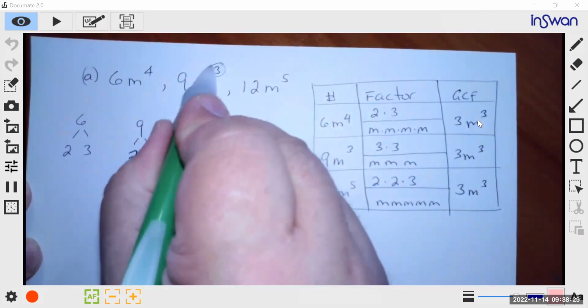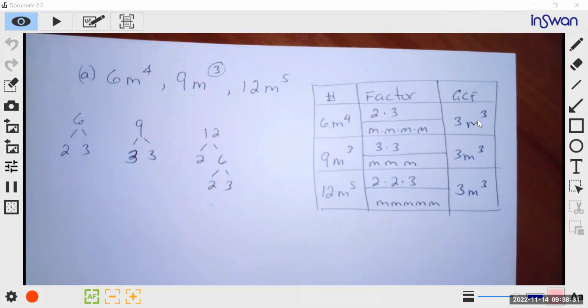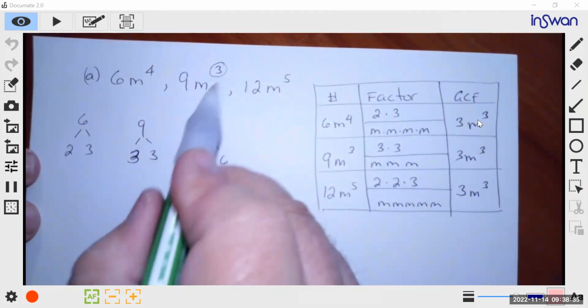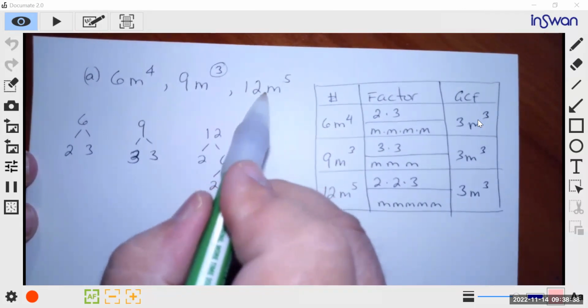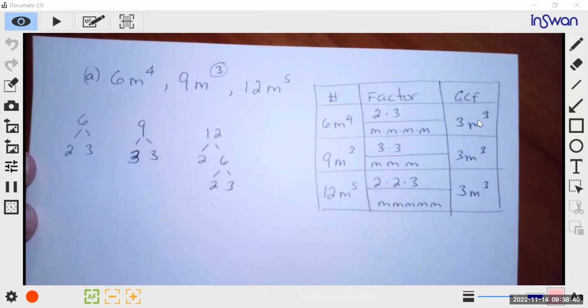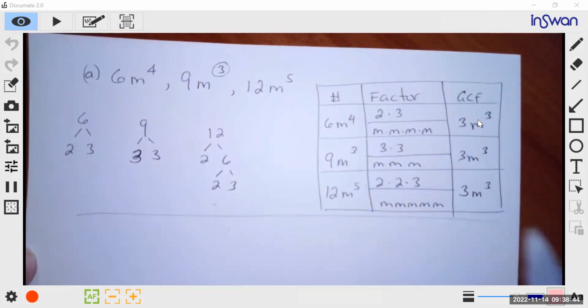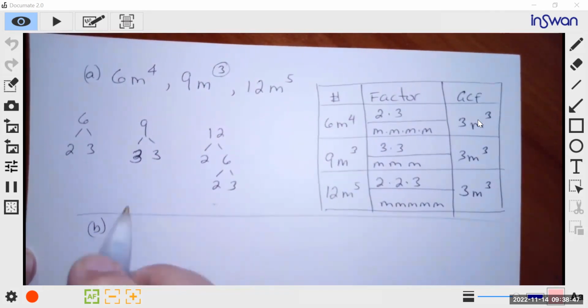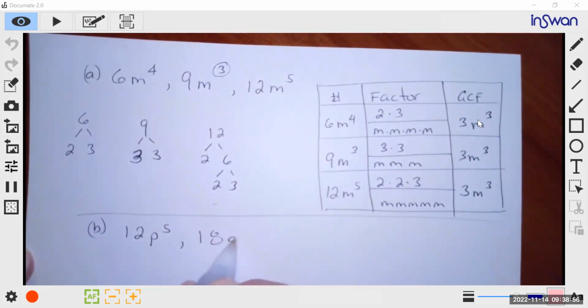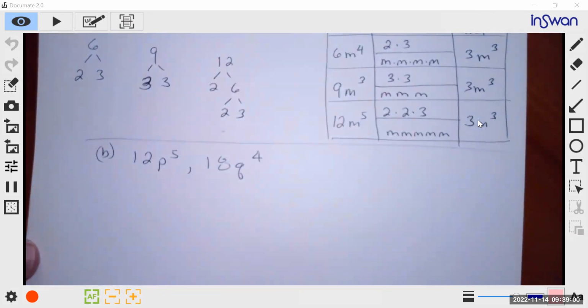They can only have as much as the smallest exponent of the variable. Can m to the 3rd have 5 m's? No. But everybody else can have 3 m's. So the variables are the easy part. The numeric part is what we have to work on. Okay, how about this next one?